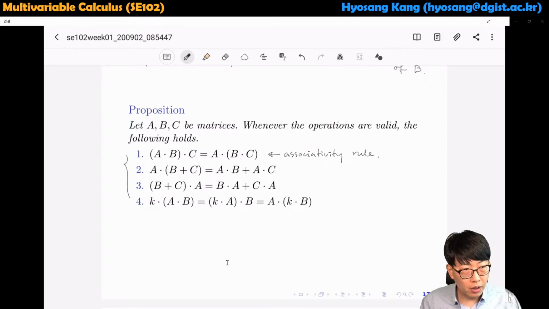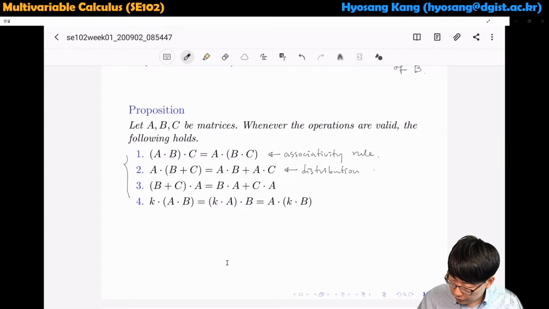It doesn't matter which operation comes first when you have multiple multiplications, and you have a distribution rule for the matrix multiplication. And you can also distribute your multiplication on the right hand side also. So these are the distribution rules.